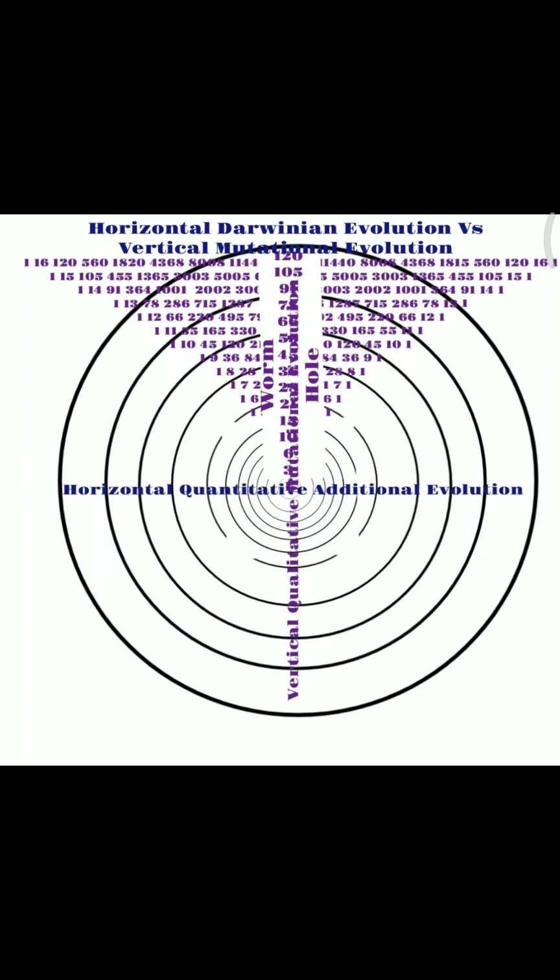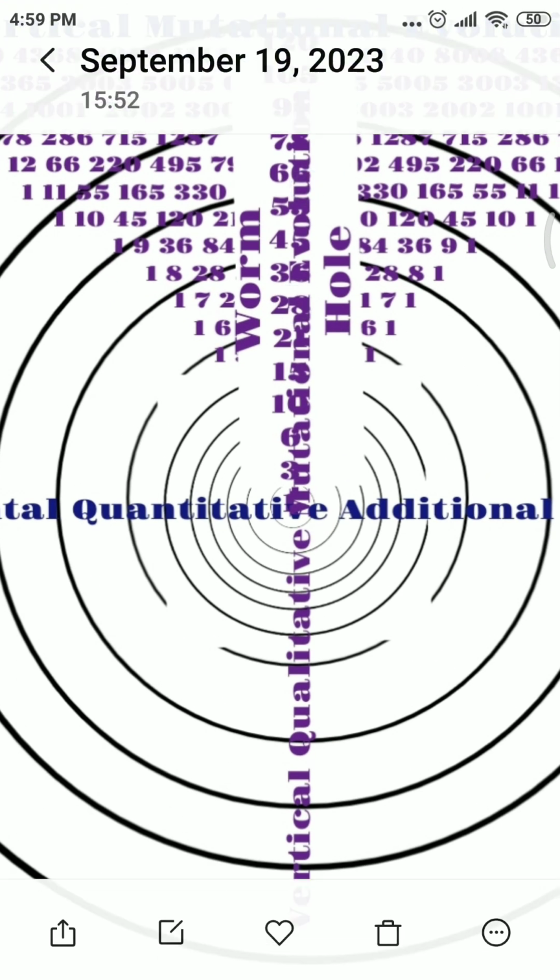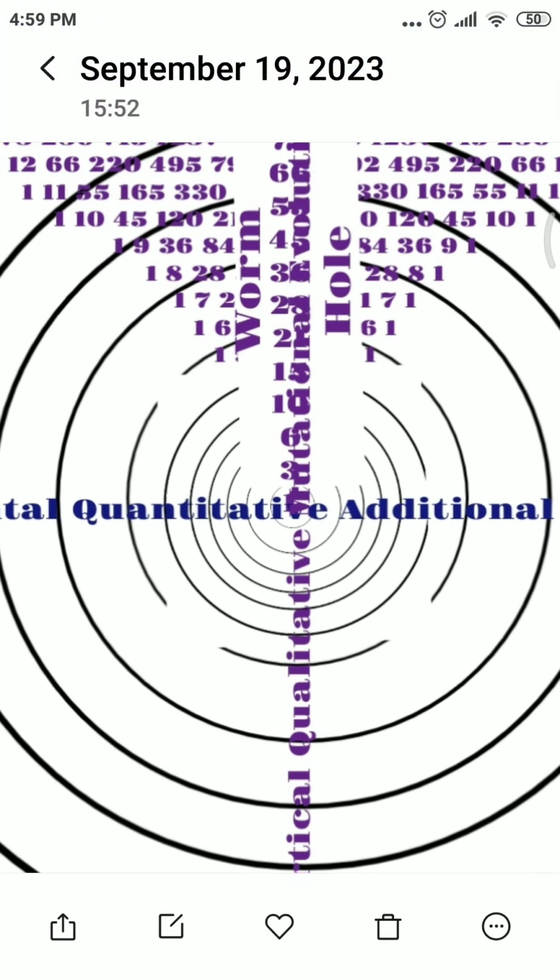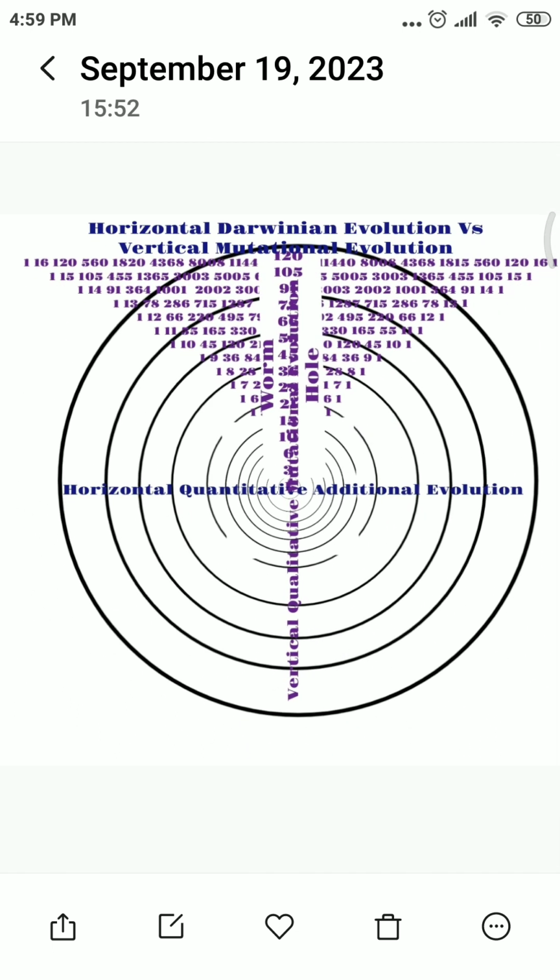That is what we are doing right now. But if you somehow find this wormhole and fall in it, you can directly go to the next level, and you can basically travel through space.